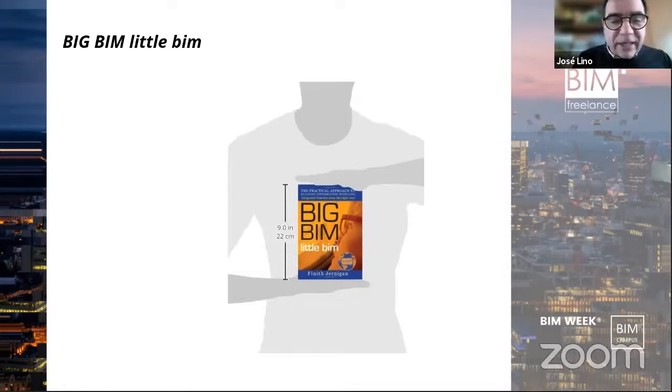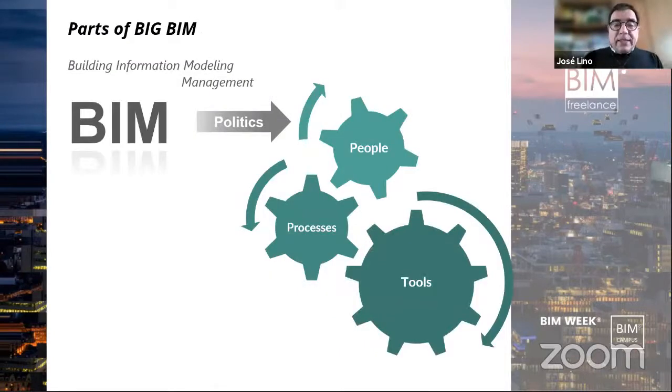And we can go for the next one. With this, we need to understand that when you are trying to implement BIM, when you are trying to do BIM, you need to roughly think about these four components: politics, people, processes, and tools, or technology, if you prefer.